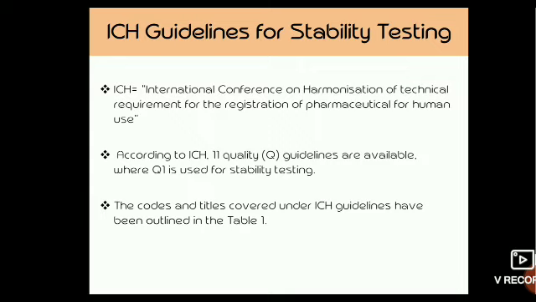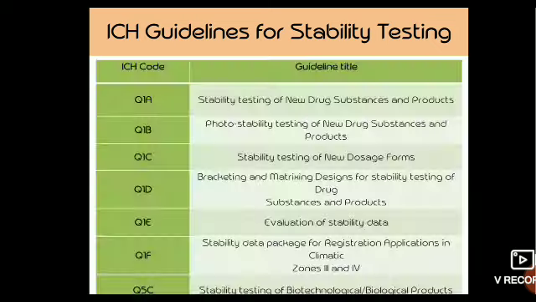In next table, the code and titles are covered under the ICH guidelines. So the table contains two columns. One is for the ICH code, second one is the guidelines title. So first one is the Q1A. Q1A is the stability testing of new drug substance and product. Q1B is the photostability testing of new drug substance and product. Q1C is the stability testing of new dosage form.